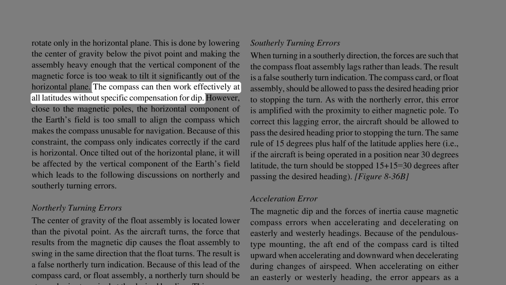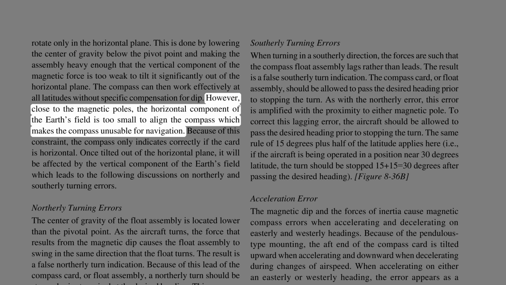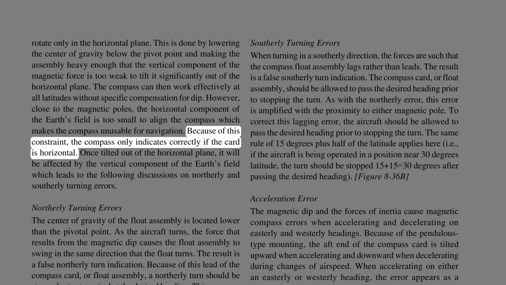The compass can then work effectively at all latitudes without specific compensation for dip. However, close to the magnetic poles, the horizontal component of the Earth's field is too small to align the compass, which makes the compass unusable for navigation. Because of this constraint, the compass only indicates correctly if the card is horizontal.